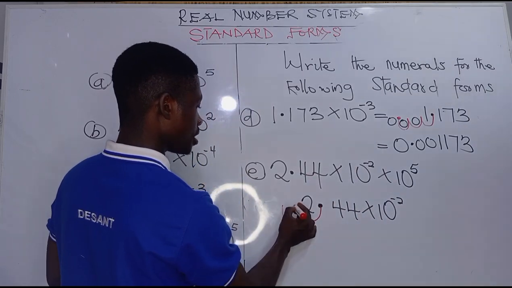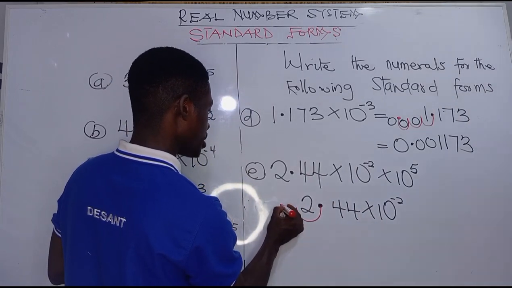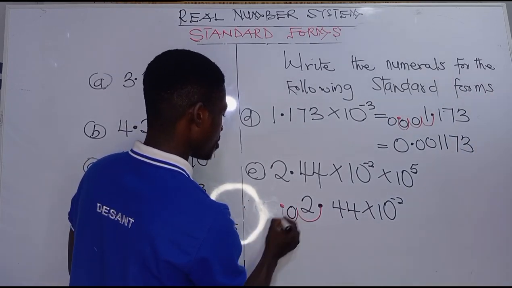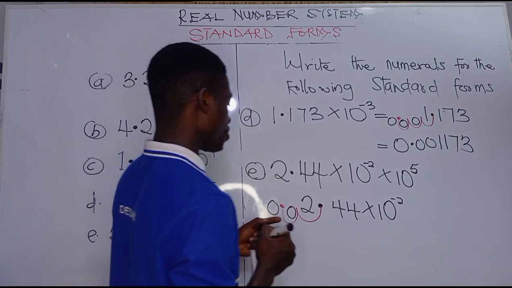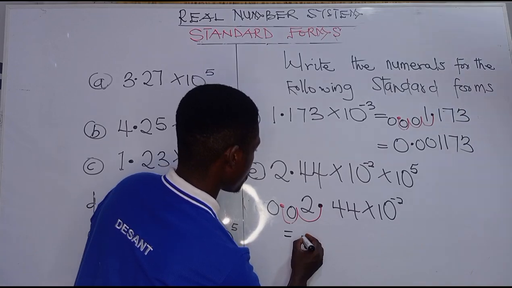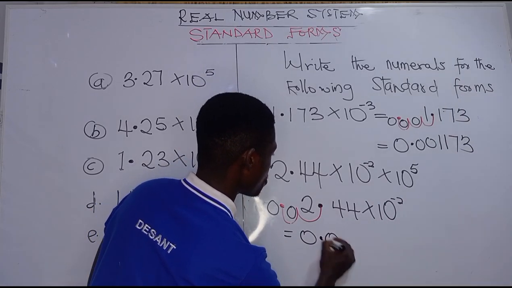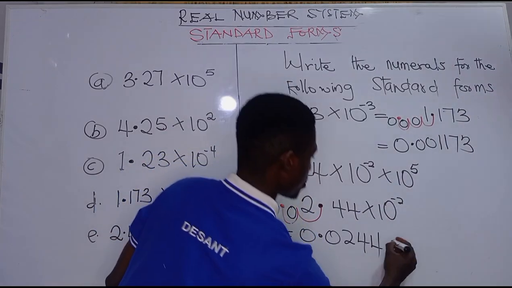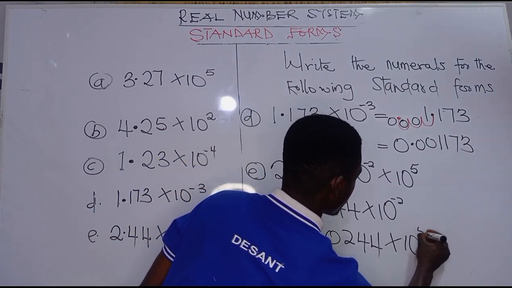So we have 1, 2. So our point is here now, and then we fill each gap with zeros. So we have 0, and then in front of the point we have 0. So this number becomes 0.0244.